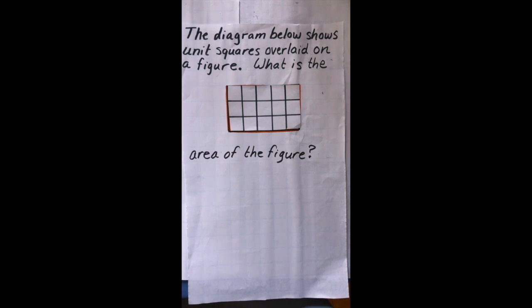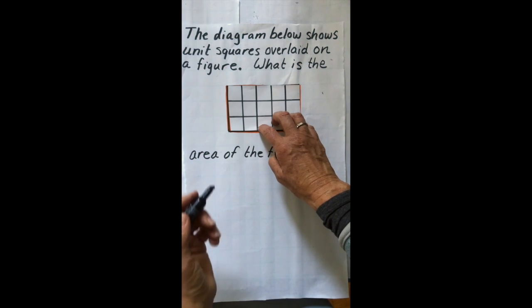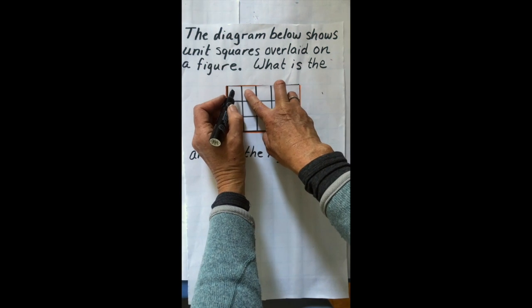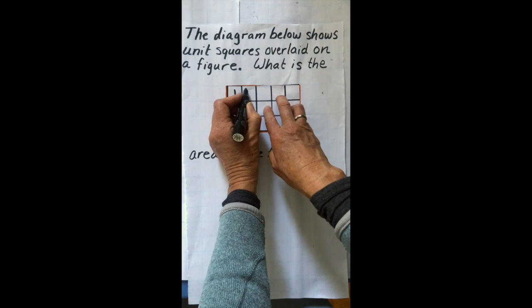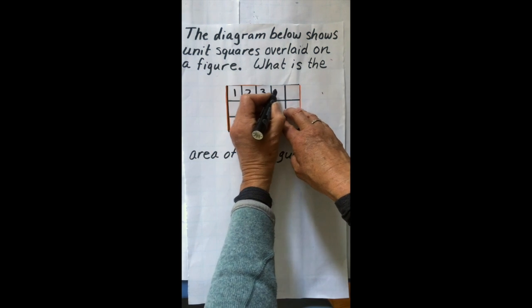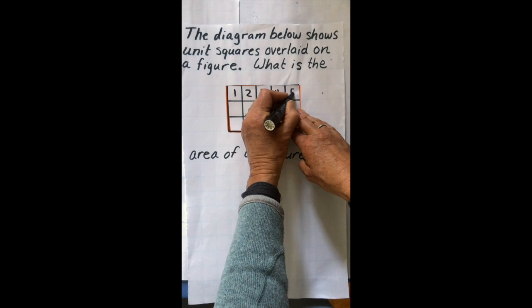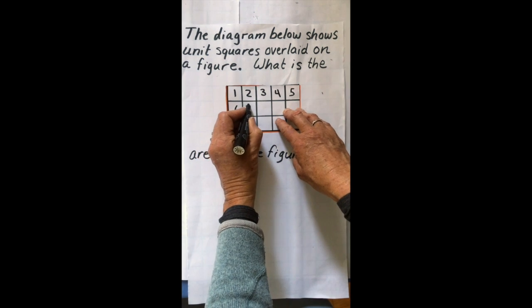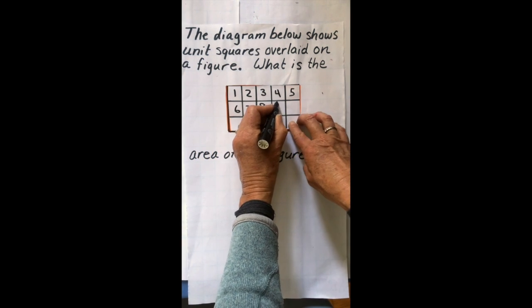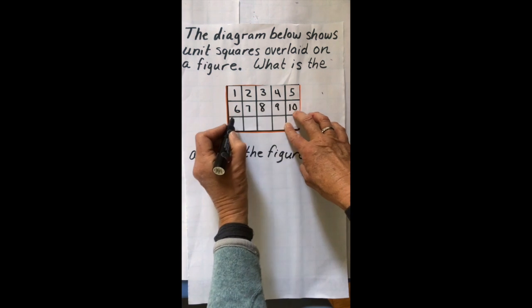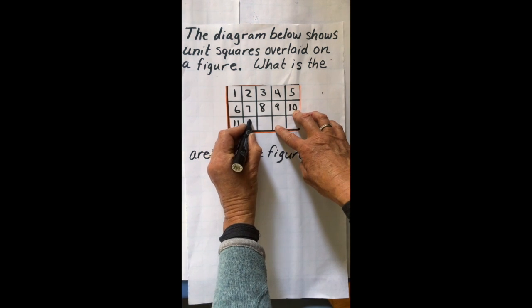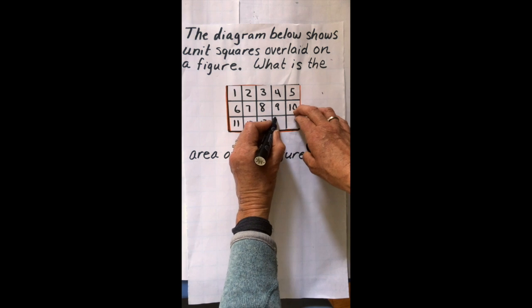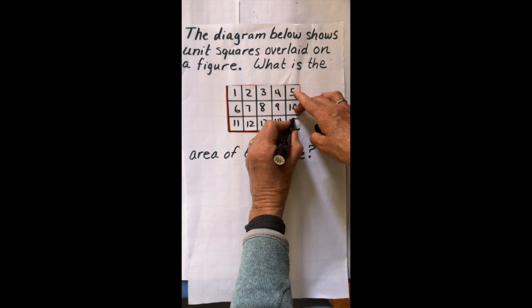We know perimeter plus is the frame of the window. Area is the squares, or length times width. We know we have squares, so we're going to find the area using squares. So I'm going to count 1, 2, 3, 4, 5, 6, 7, 8, 9, 10, 11, 12, 13, 14, 15.